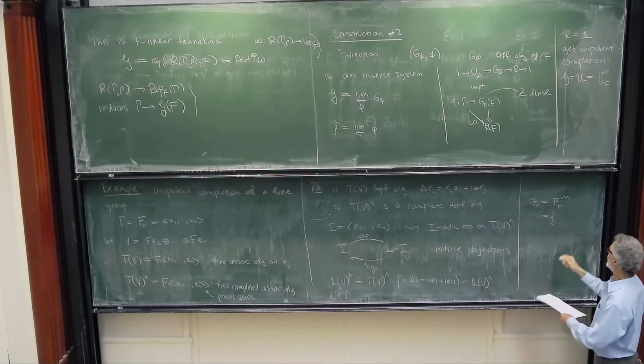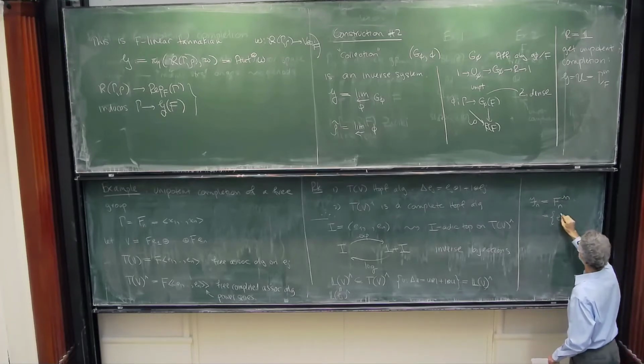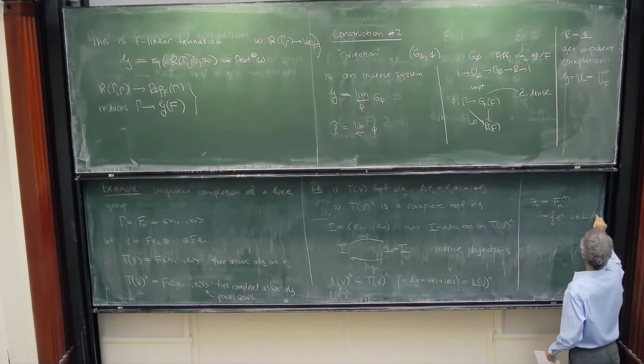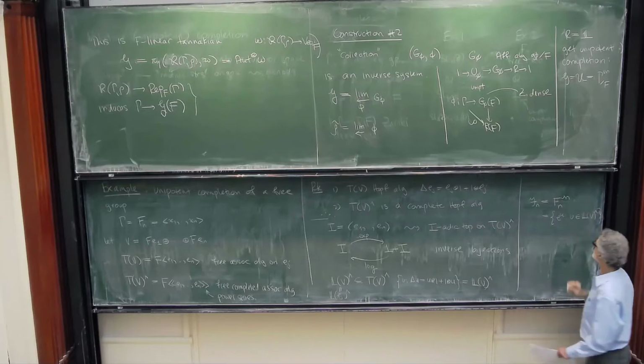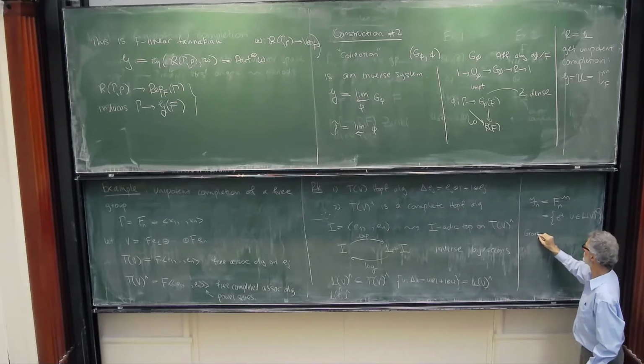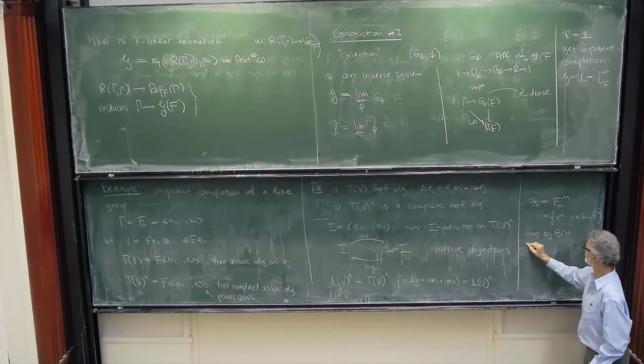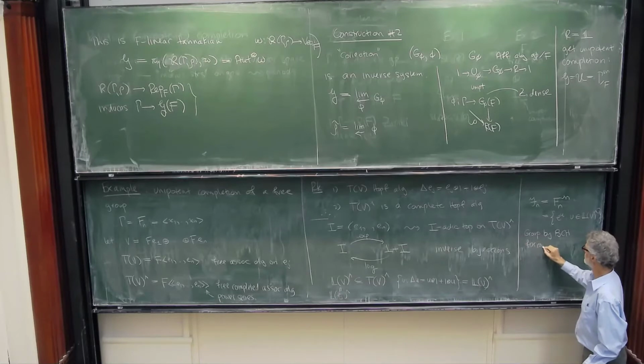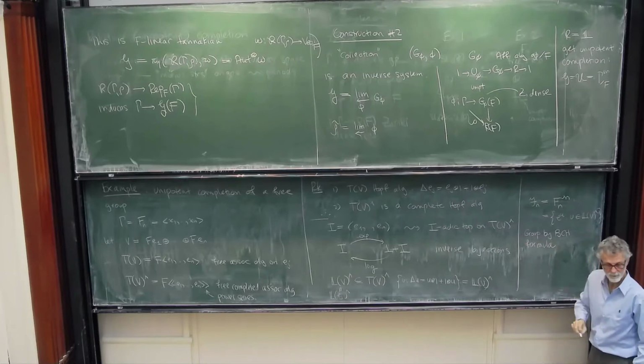It's just the set of e to the u, such that u is an element of L V hat. And this is a group by the Baker-Campbell-Hausdorff formula, by the BCH. Right?